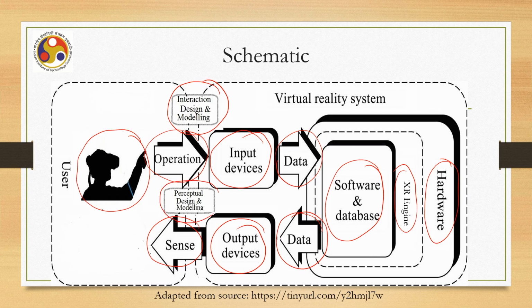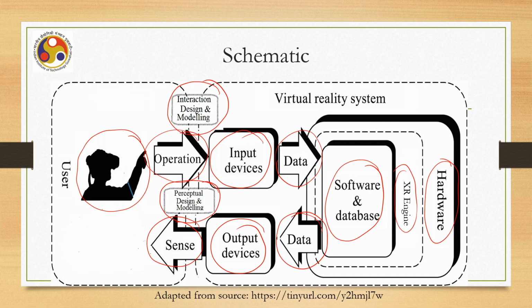Similarly, how well the output is generated, that is part of perceptual design and modeling, that is also crucial, because if you can remember, we have talked about generating appropriate stimuli and appropriately perceiving the stimuli, both are important. So, in order to ensure that these two match, we must take recourse to perceptual design and modeling. Together, all these things require us to think about user centered design when dealing with extended reality systems.